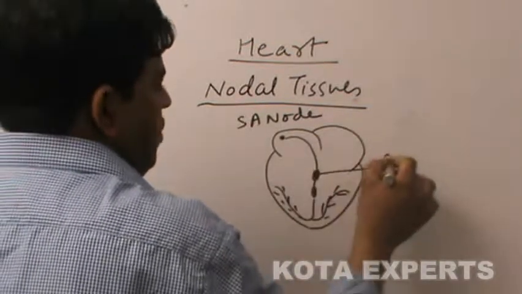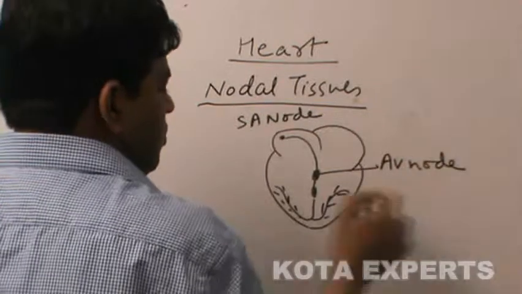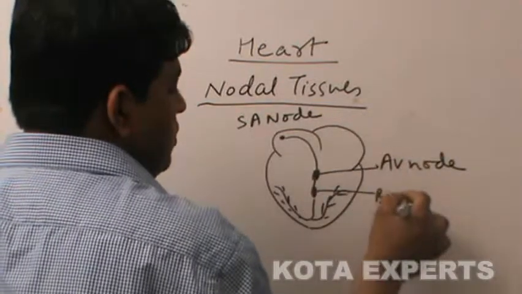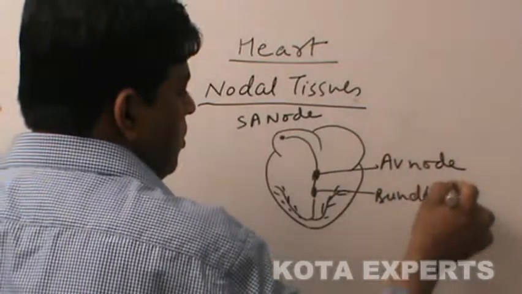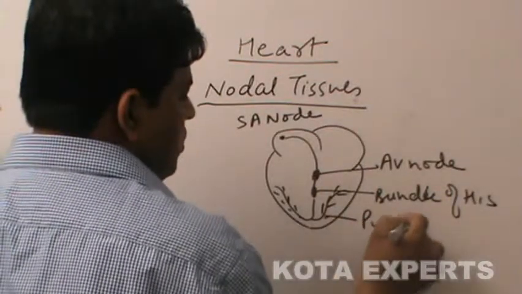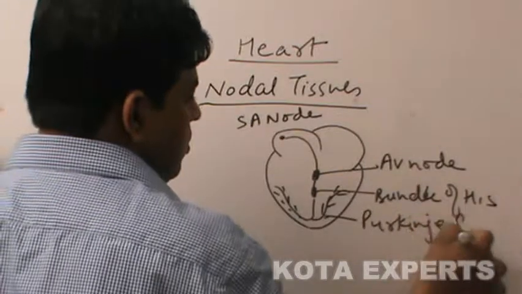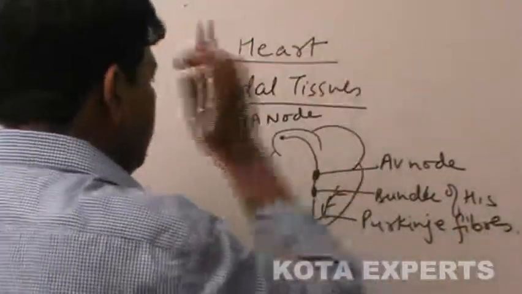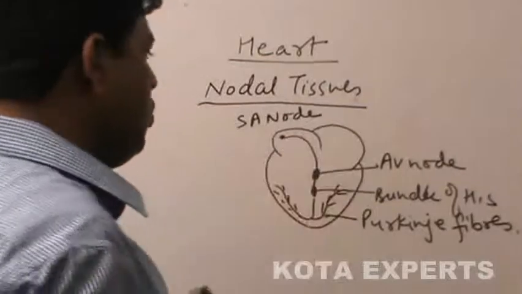This is the AV node, this is the bundle of His, and these are Purkinje fibers. Nodal tissues.